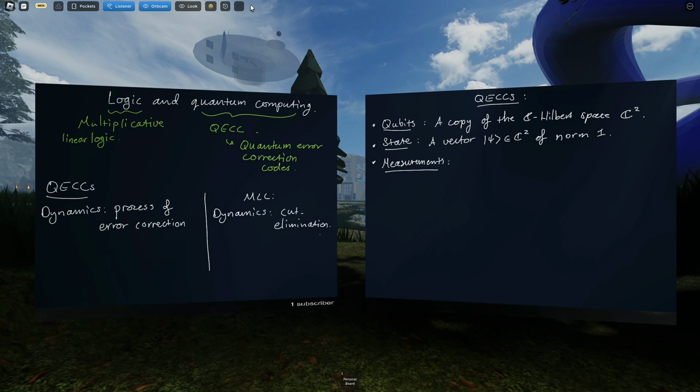We have a concept of measurements, and each measurement is going to be a family of operators from some Hilbert space to another Hilbert space, parameterized by some set M, and we require that these satisfy that the adjoint operator to M sub M composed with M sub M is equal to 1, okay?